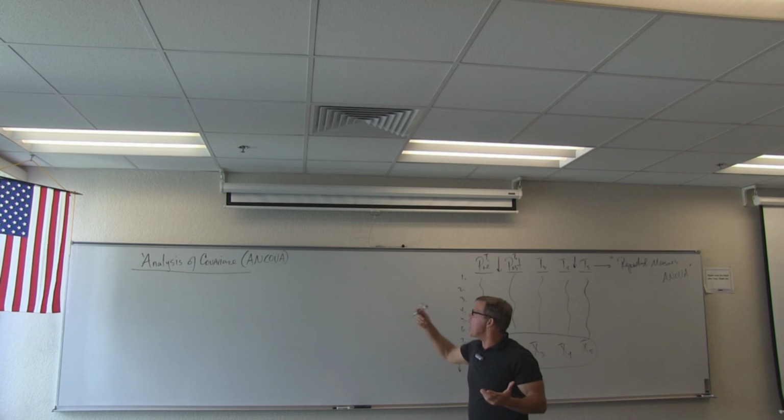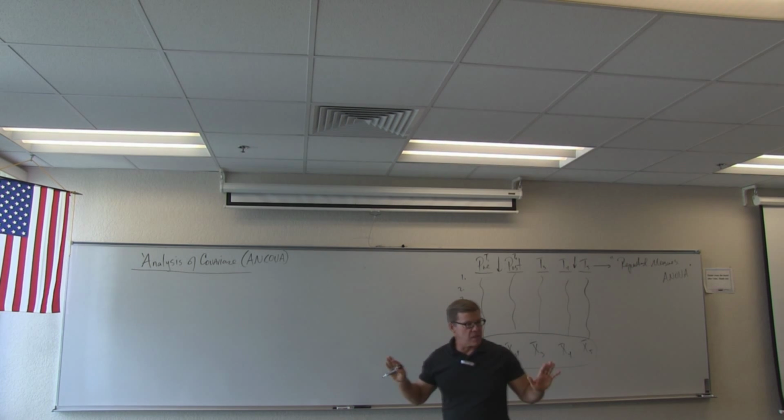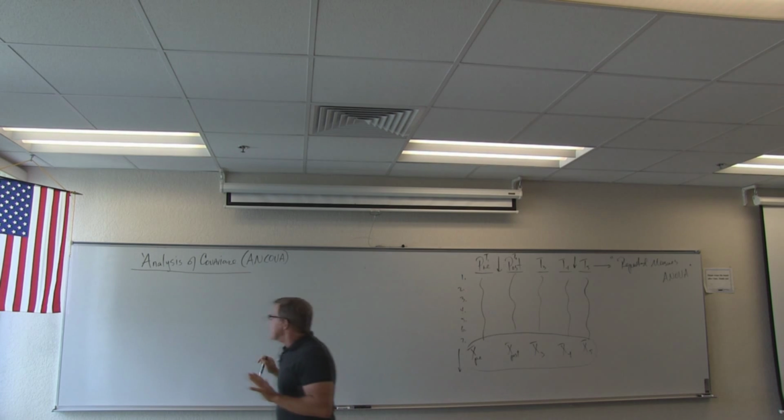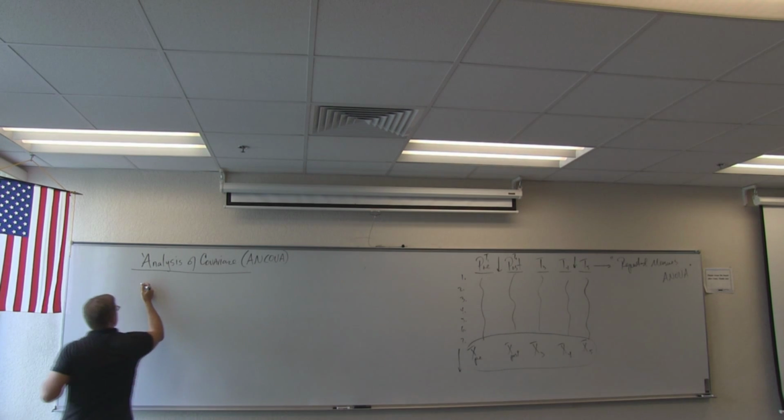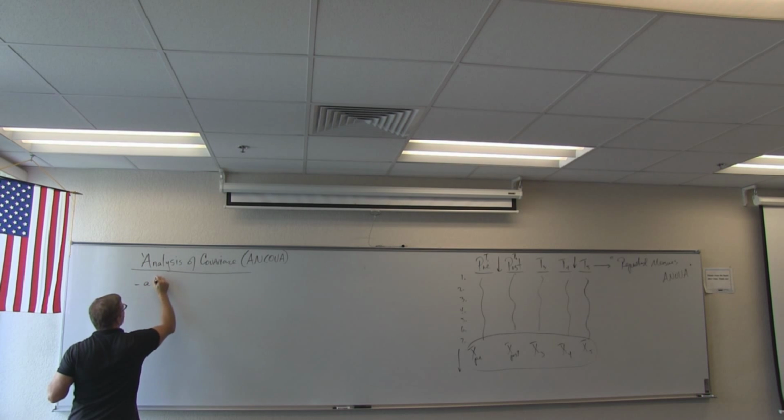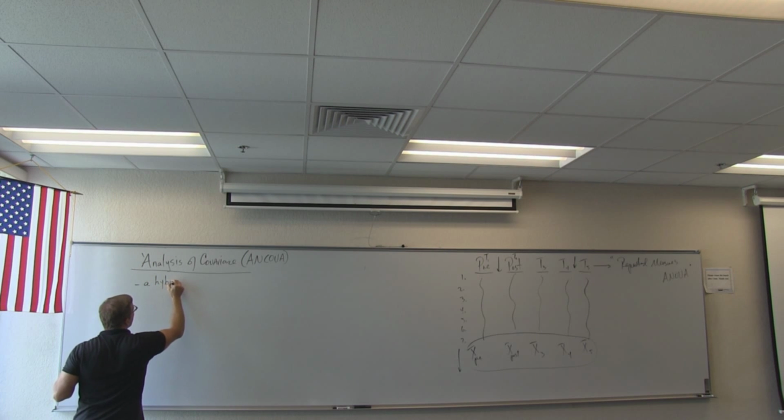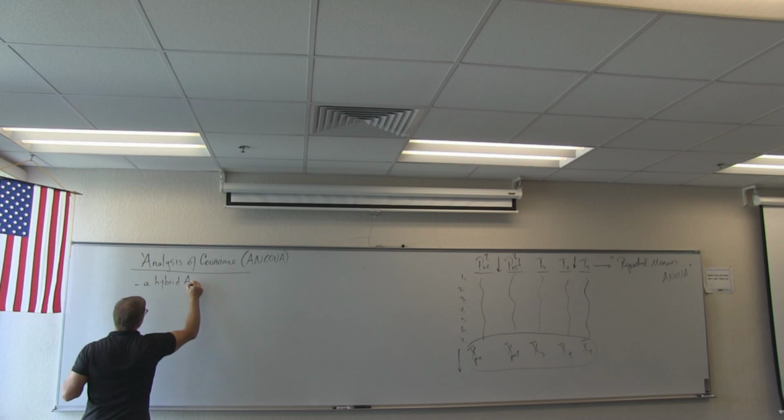A lot of different varieties of this design. This is very widely used. It's all over the scientific literature in all scientific disciplines. It's considered a hybrid. It's a special kind of ANOVA. It's called a hybrid ANOVA. So it's an ANOVA, but it's a hybrid.